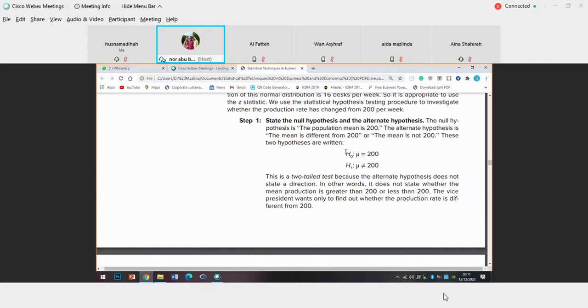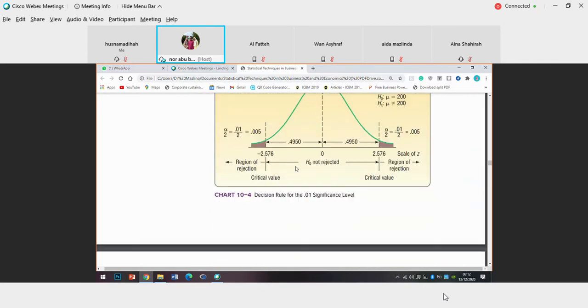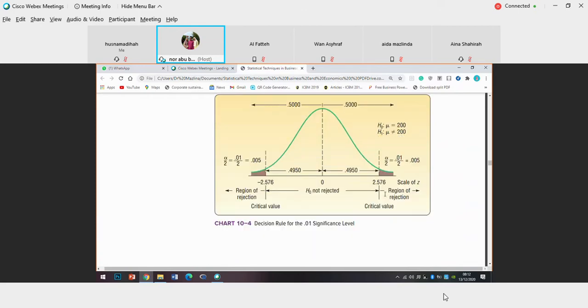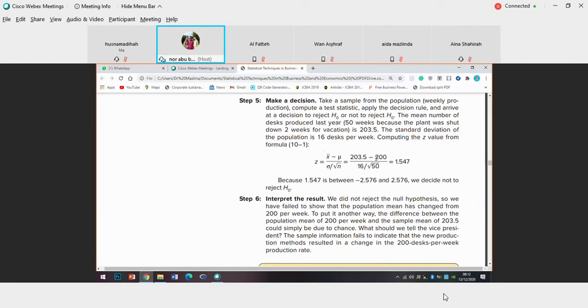Okay, from this exercise, kita buat, bukan t-test, kita buat z-test. And then kita lihat sama ada 203.5 ni dekat rejection region or non-rejection region.